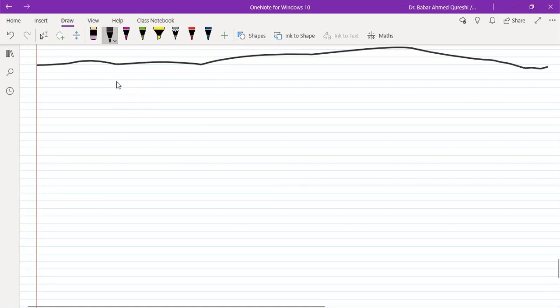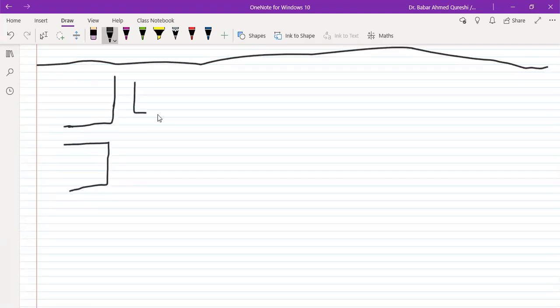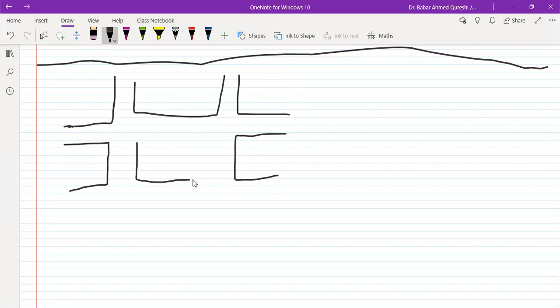So suppose you have an intersection of roads. These are all one ways. Traffic can only go in one direction.